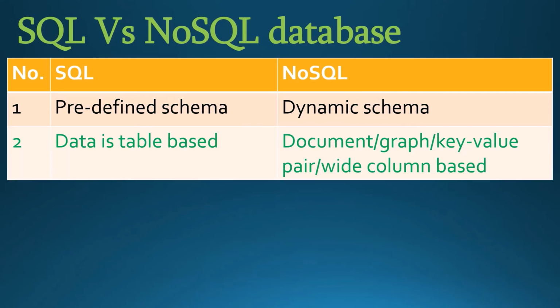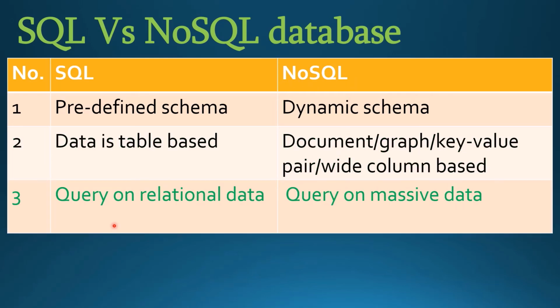When you have data in tabular format, then you can use SQL database, while if you have your data document based, graph based, key value based and wide column based, then you should use NoSQL. Next point is, when you want to query on relational data, then you should go for the SQL database. As compared to SQL, NoSQL provides you the flexibility to query on massive data.